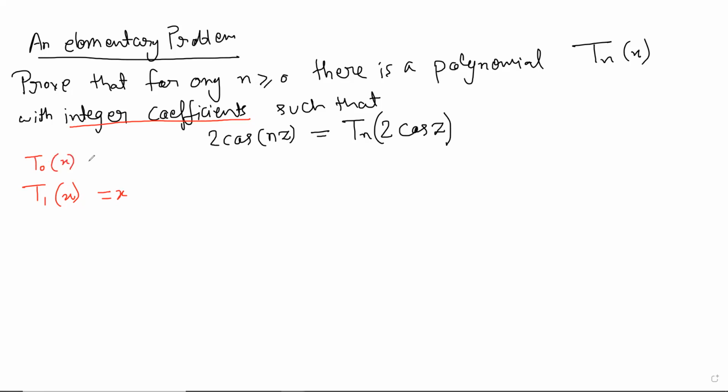For T0, should it be 2? That's right. For 0 you can take 2. You could take several things at 0, but 2 as a constant polynomial works. You could take x also, right? That would also work.